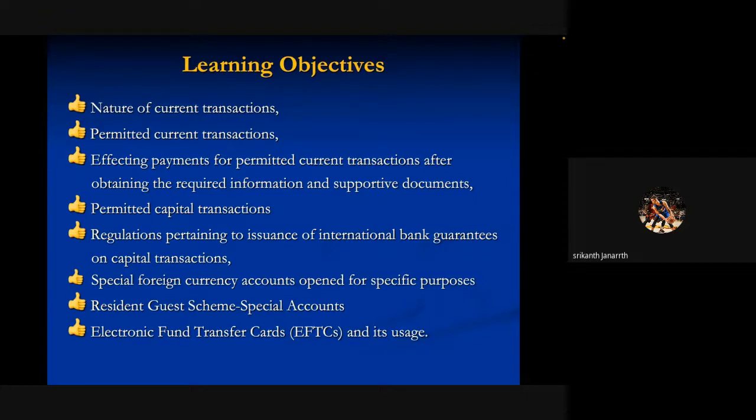Of course, as I told you in the Foreign Exchange Act, there is a provision: if you are declining a transaction, and the customer demands a letter from the authorized dealer on why it is unable to do the transaction, the bank has to give a letter informing that, due to lacking information or non-supportive documents submitted, we are unable to execute the transaction. A simple letter will suffice.